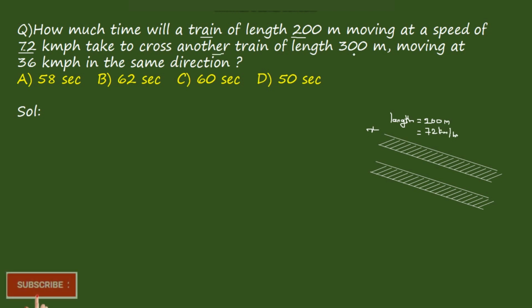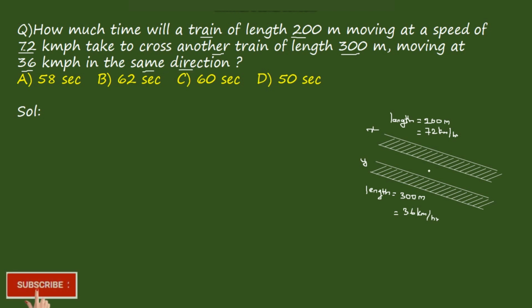Another train y has a length of 300 meters and a speed of 36 kilometers per hour, in the same direction.